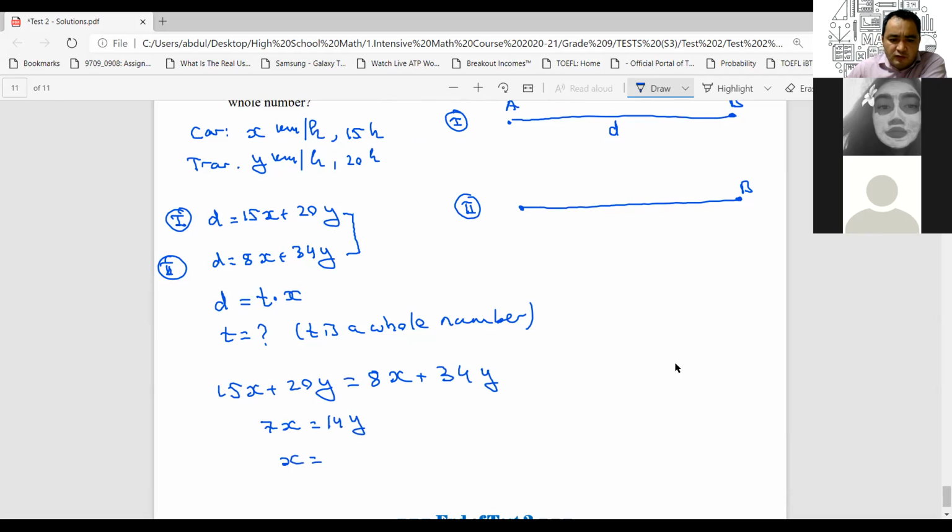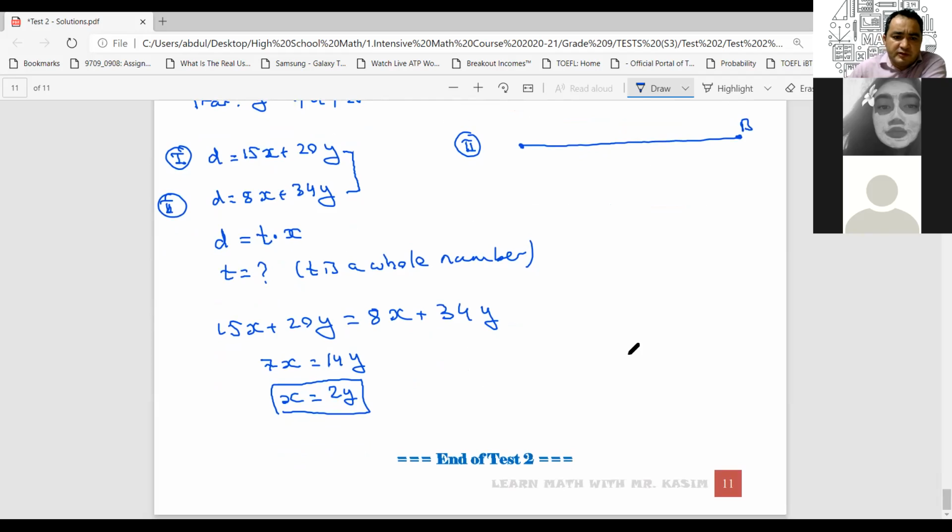So x is equal to 2y. That means the car speed is twice the train's speed, right? If I substitute into either the first or second equation, it doesn't matter which one, what do we get? That is the first step, and here the second step.